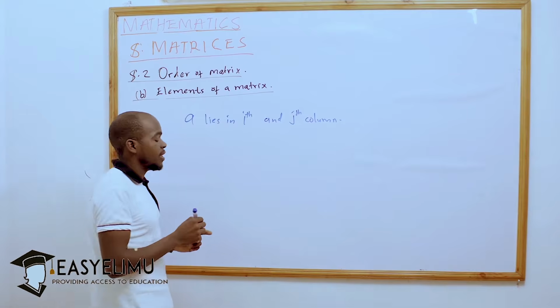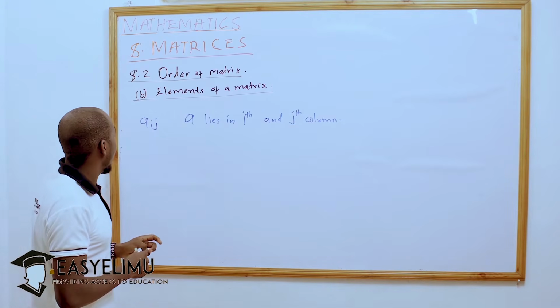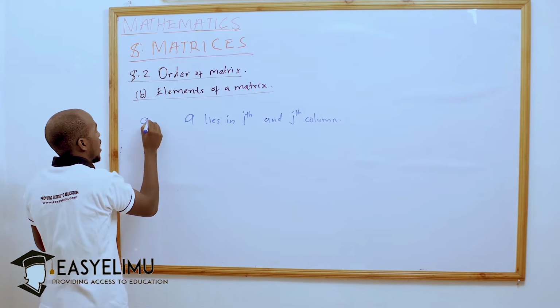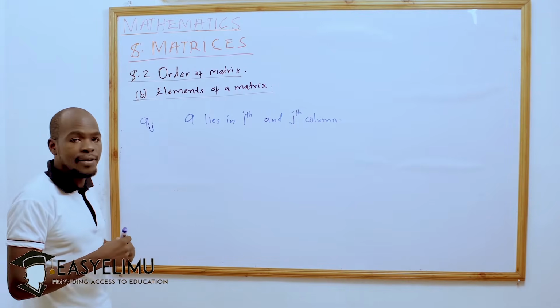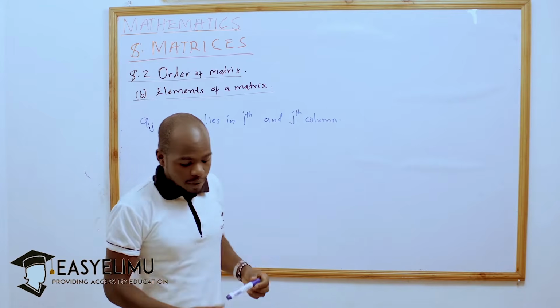So if you are stating the position of that element, and you are being given Aij, then know that it lies in the ith row and in the jth column.